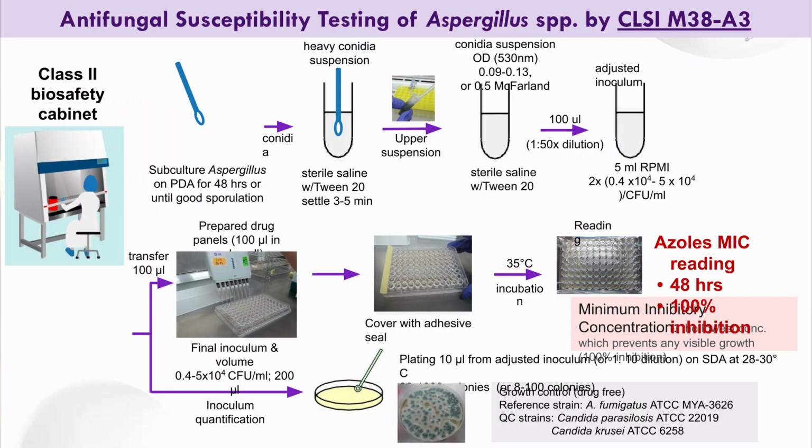So the procedure for CLSI broth microdilution is briefly illustrated here. To begin with, the Aspergillus isolate for testing is subcultured on a PDA plate for 48 hours or until good sporulation. Then a sterile swab touches the colony surface, and we make a conidia suspension adjusted to a standard inoculum density.